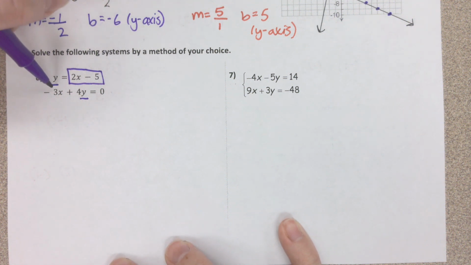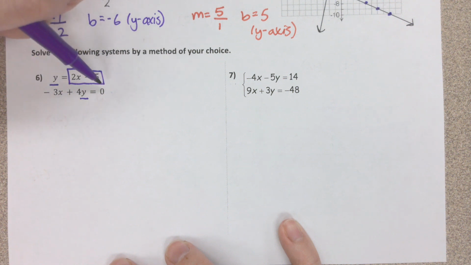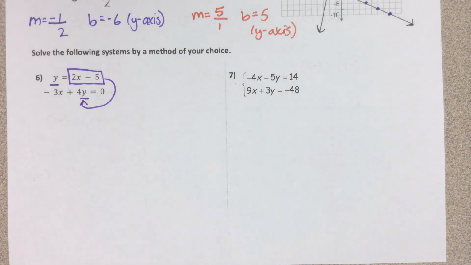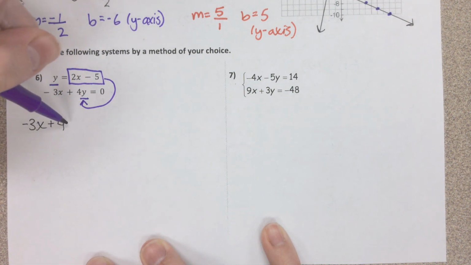So that means the y in the other equation I can replace with what I've just boxed. Make sure you plug this into the correct letter. I see students plugging this into the other letter all the time, and that is not good. So we're going to put this in here. We have -3x plus 4 times, replace, don't write y.